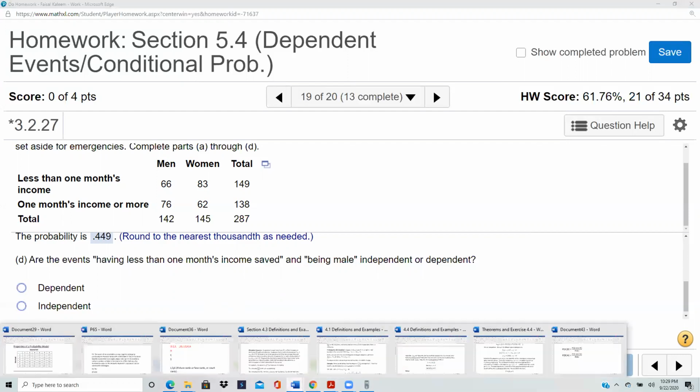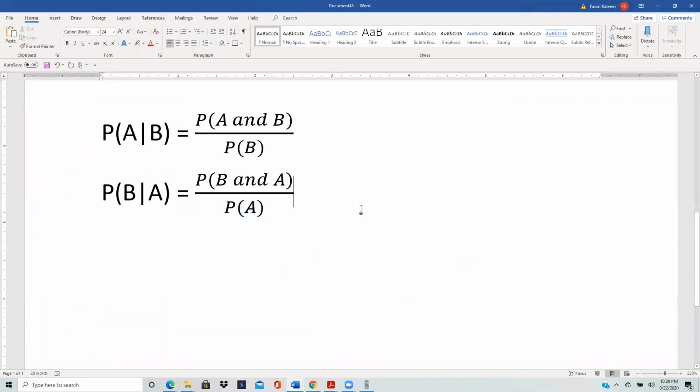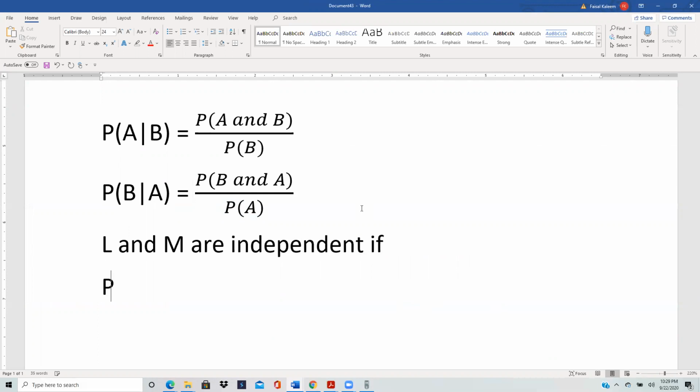Now for this one, we recall that L, less than 1 month's income, and M, male, are independent if the probability of L and M equals P(L) times P(M). And that's what we studied in the previous section, that for independent events, the probability of one and the other gets multiplied.